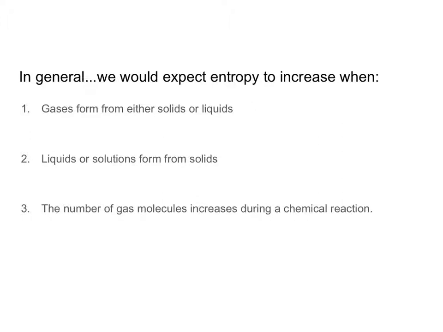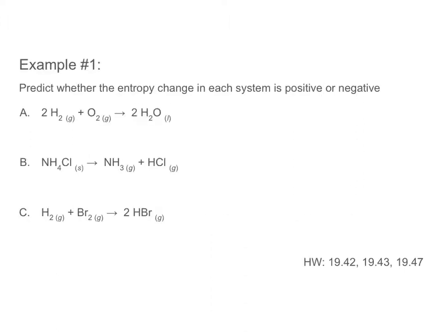Questions about that? Gonna keep rolling here. Some examples. Predict whether the entropy change in each system is positive or negative. In this case, I have a gas mixing with a gas to make a liquid.